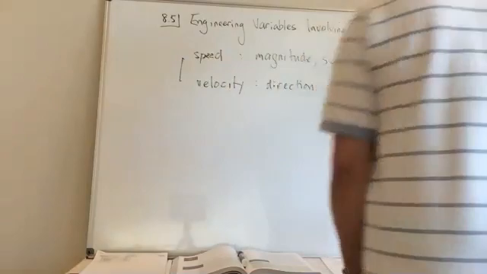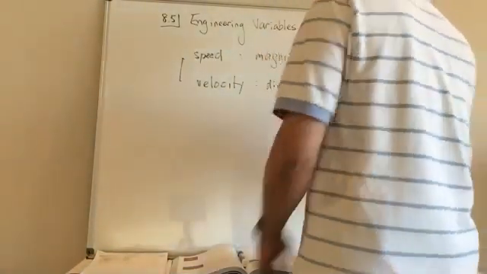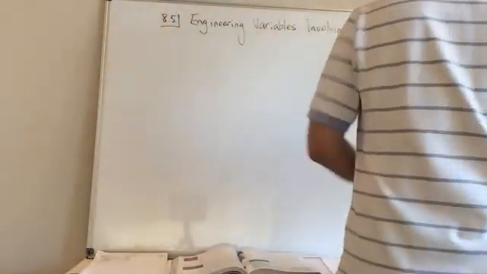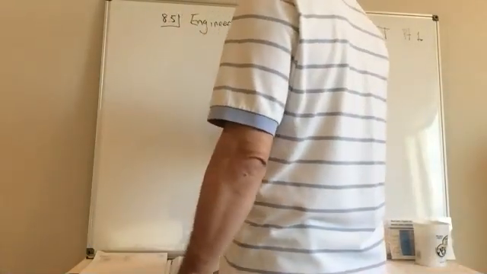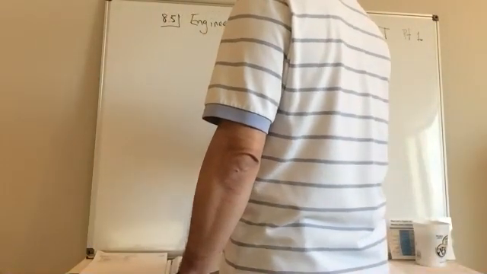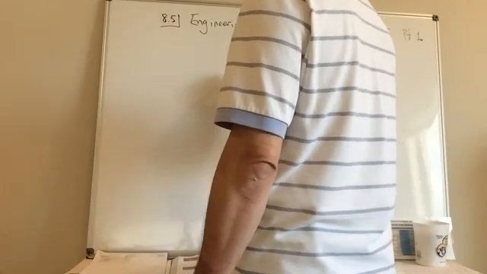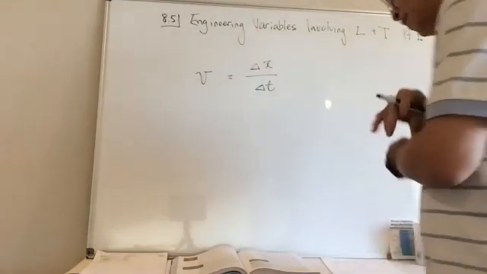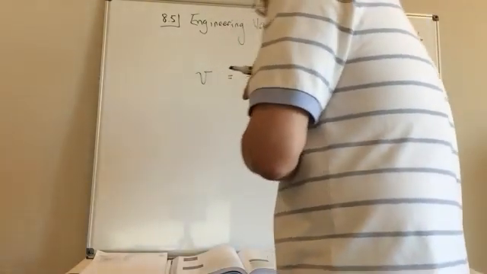So how do we calculate speed? Speed is very easily calculated. Speed is nothing more than the distance traveled, or displacement, over the amount of time. So this is just speed or velocity: distance traveled divided by time.